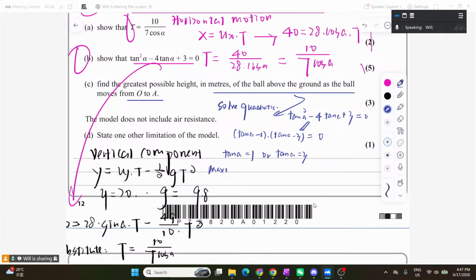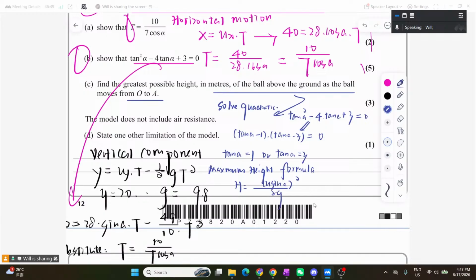And then we can get the maximum height. Maximum height formula: h equals u sine alpha squared over double g.